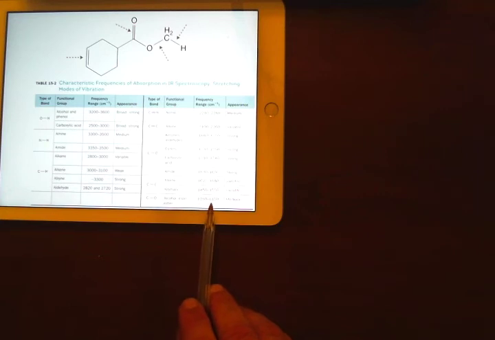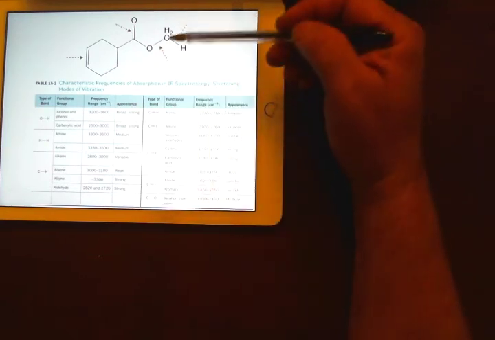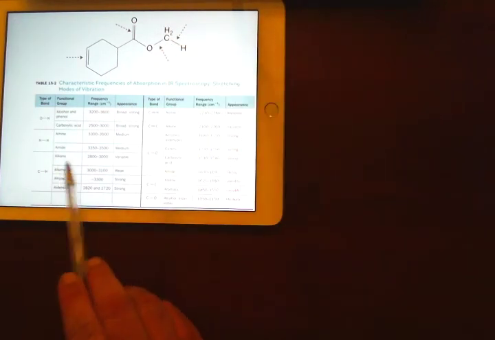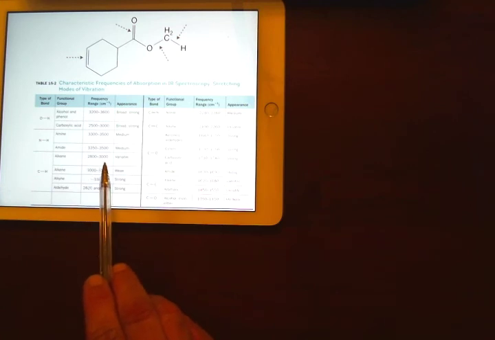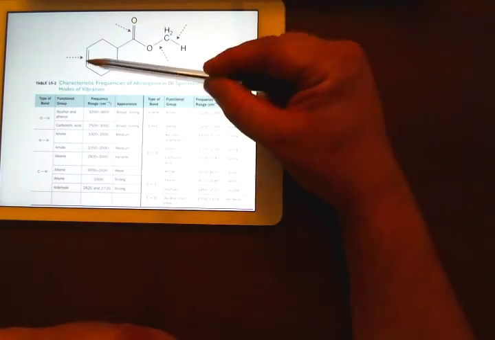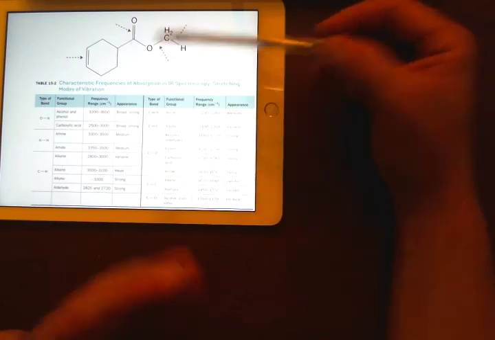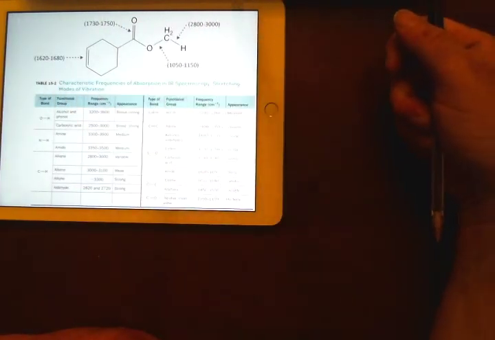This CO bond here is going to absorb between 1050 and 1150 wave numbers, and this regular alkane CH is going to be 2800 to 3000. I mean, these other things are going to have absorptions, but these are the ones I'm highlighting.